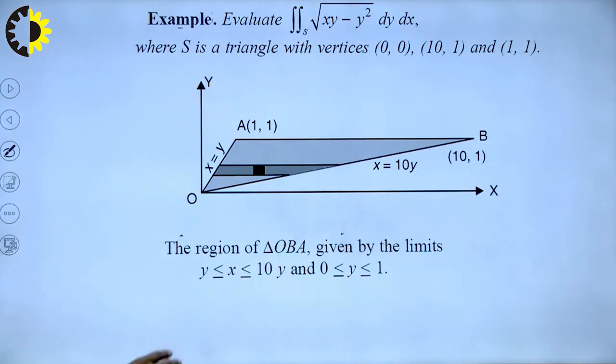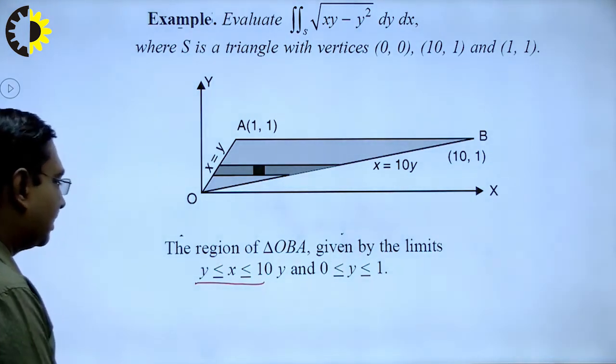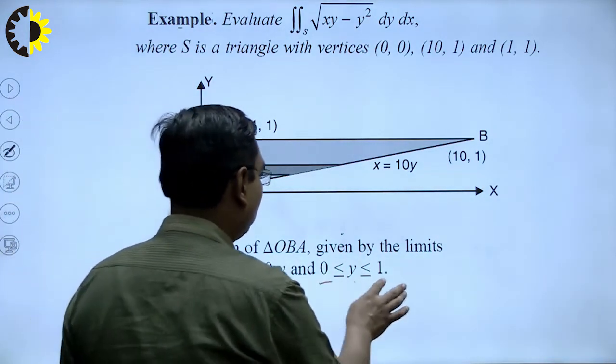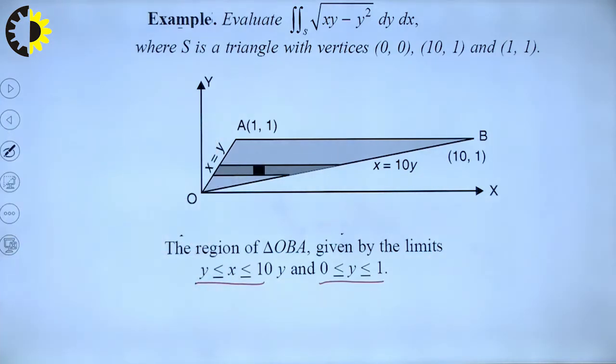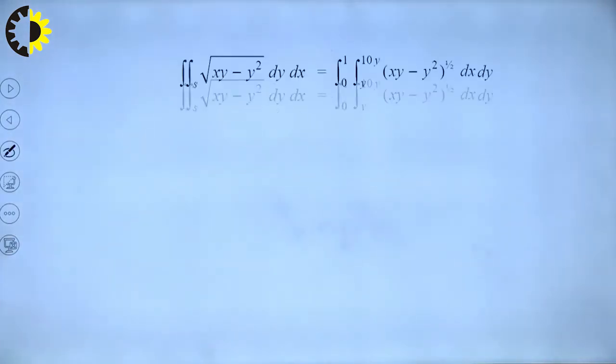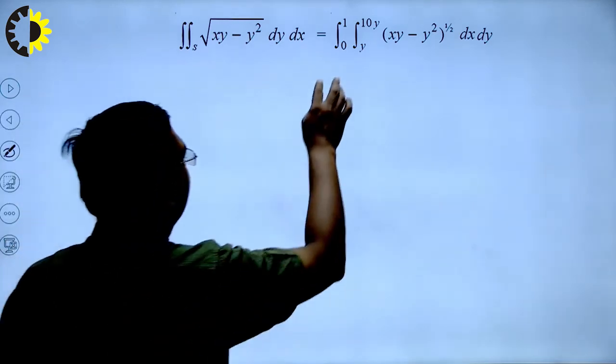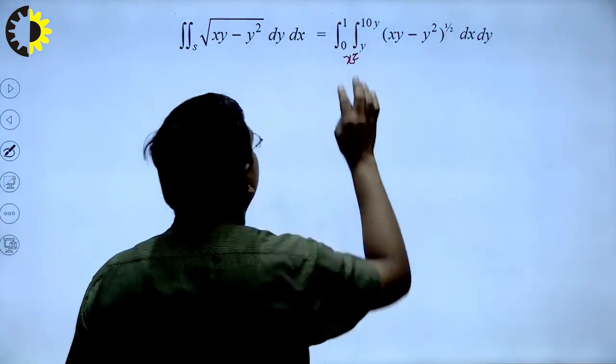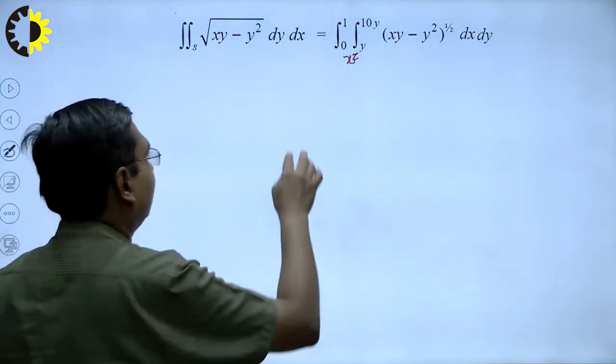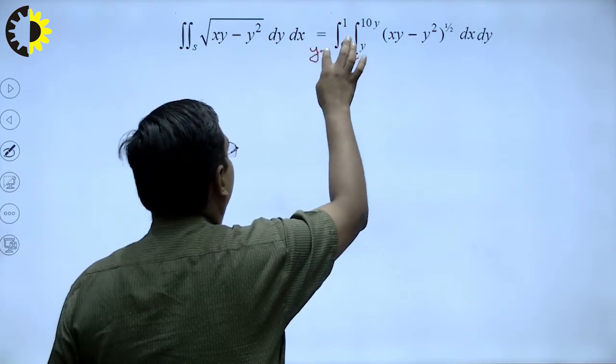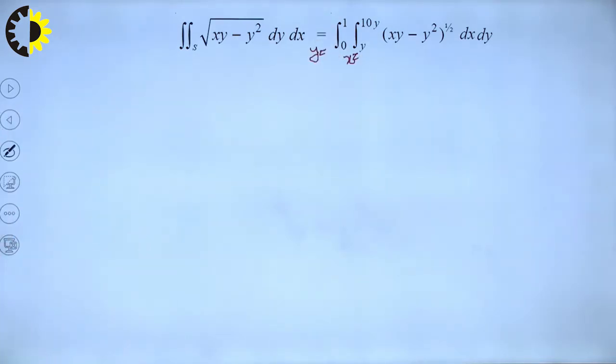These are the limits: y less than or equal to x less than or equal to 10y. These are the limits of x, and y from 0 to 1, these are the limits of y. Now, applying these limits, the limits of x are from y to 10y, and the limits of y are from 0 to 1.